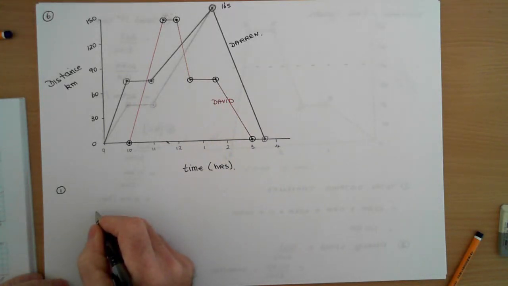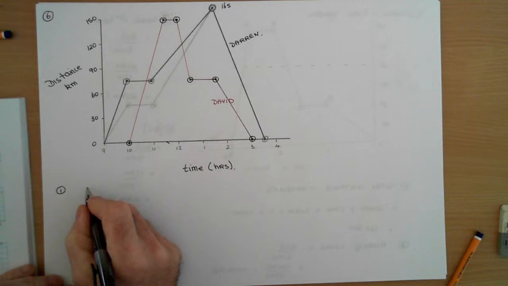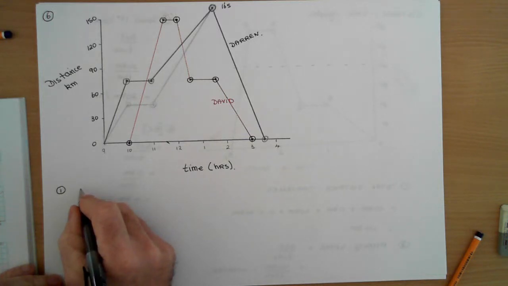How far? It should be the other way around, isn't it? How far is David from the town when Darren, it should be the other way around, shouldn't it be?